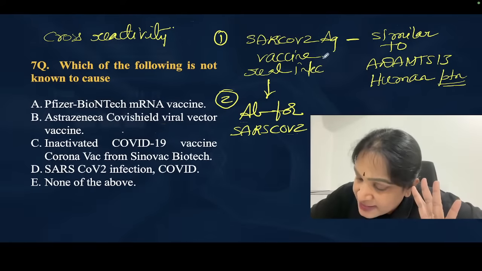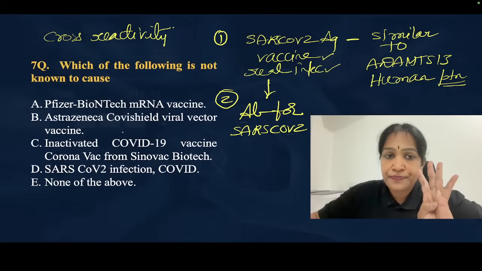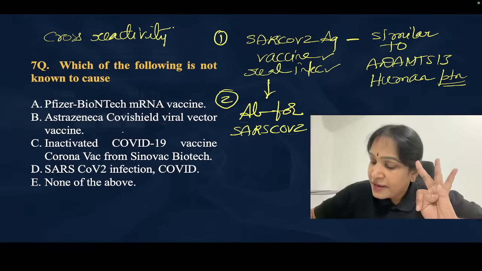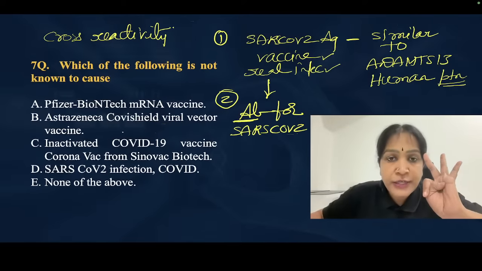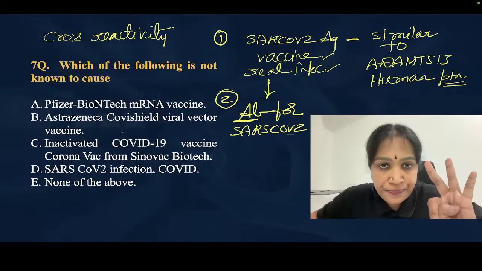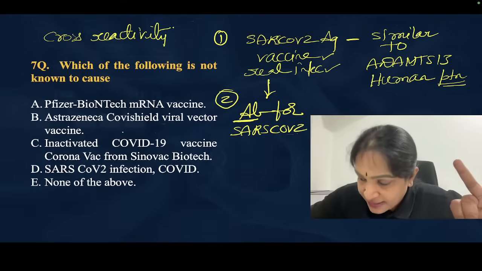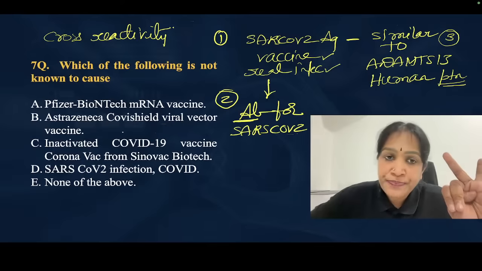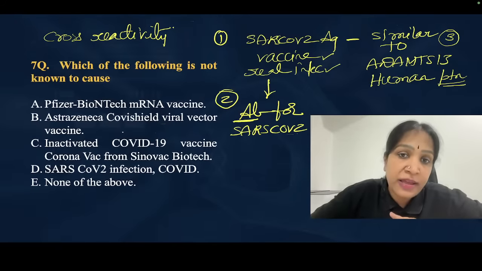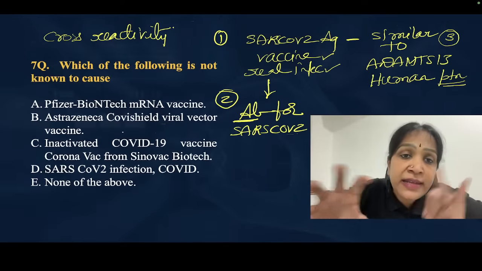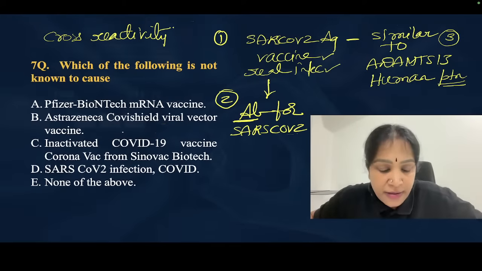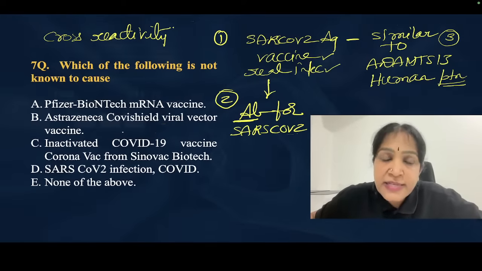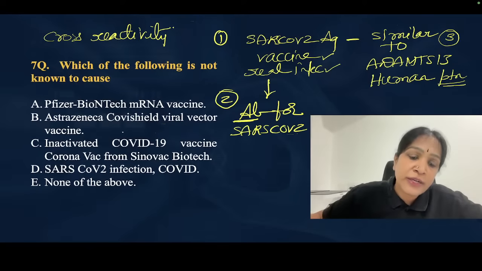Either by vaccine or by real infection. Step 2, our immune system will produce antibodies for SARS-CoV-2. I hope everybody is understanding. Step 3, there is a human protein which is accidentally similar to the SARS-CoV-2 antigen. Structurally, that is similar to the SARS-CoV-2 antigen. Is that clear?